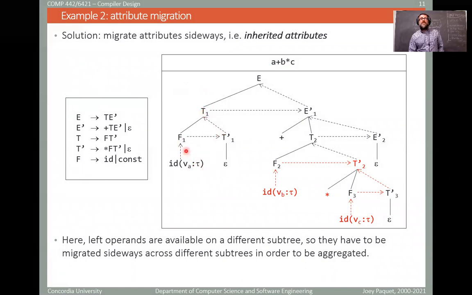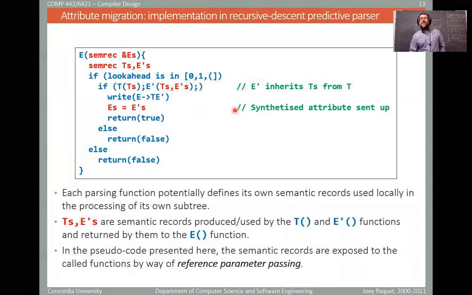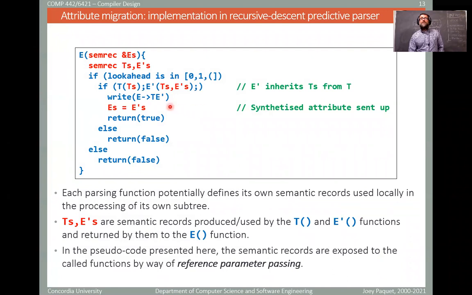Eventually, it processes this whole thing here, and then this record gets filled by the effect of T. You see that T is being passed the empty TS, processes this TS, basically fills up this TS, and then passes it onto E prime. So that's where the synthesized attribute is happening.